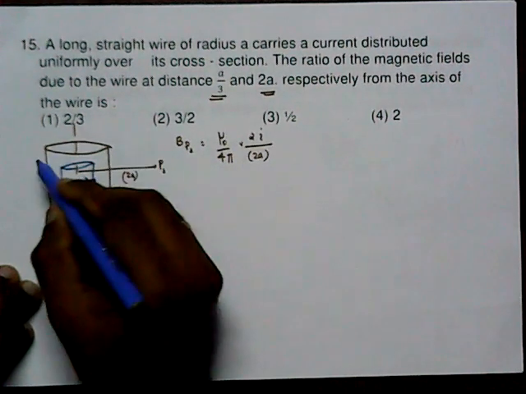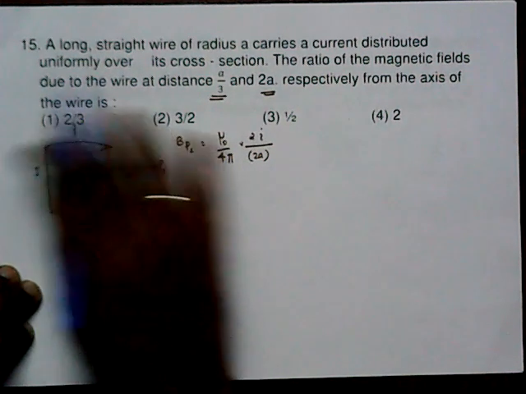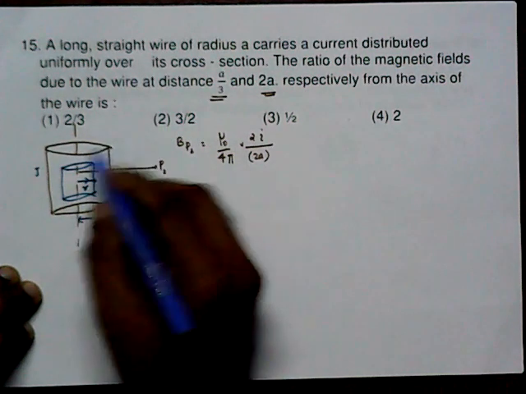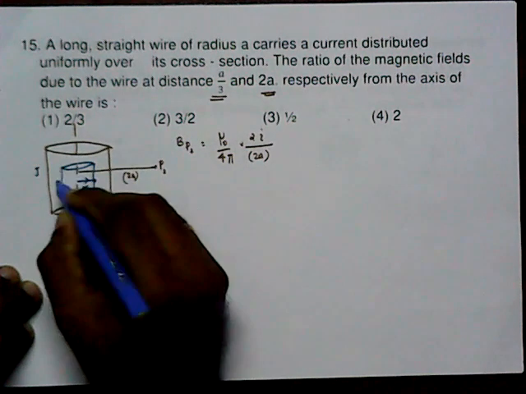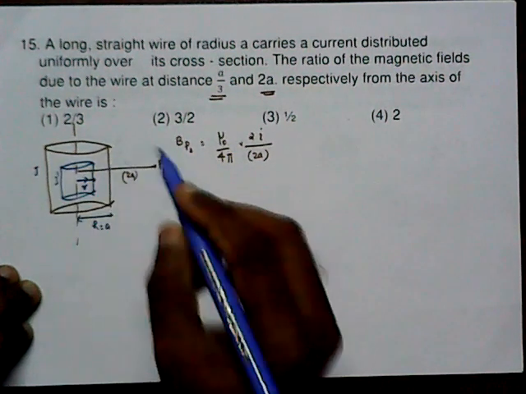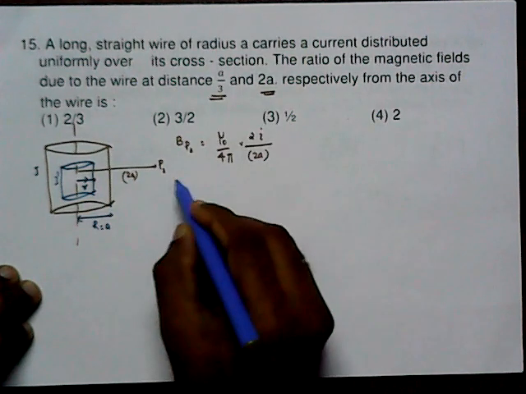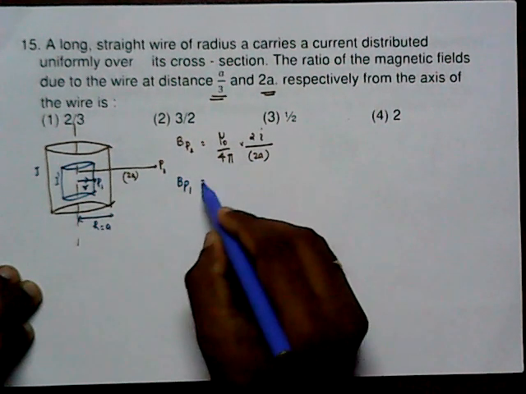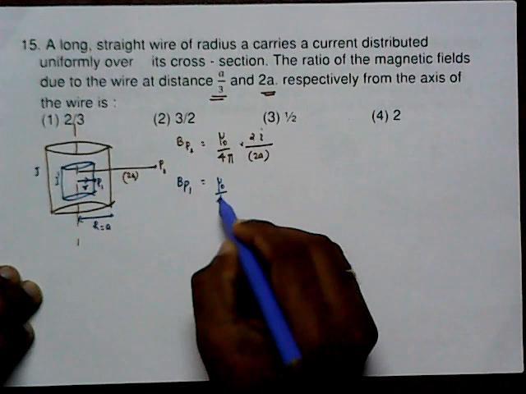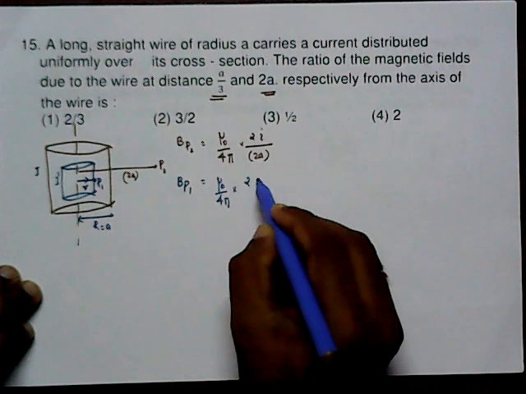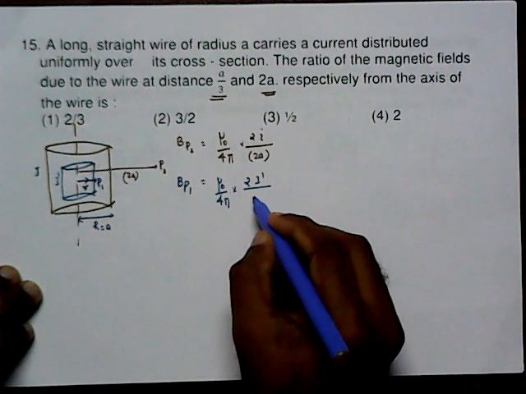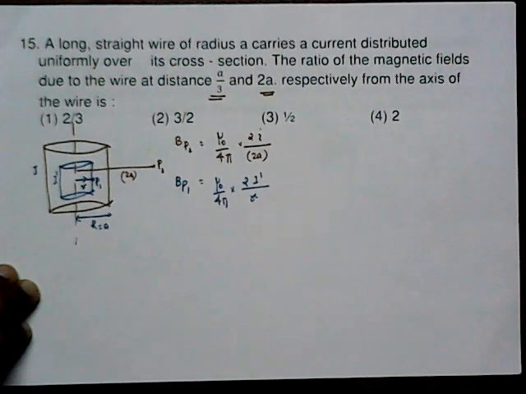And here the current I is uniformly distributed from 0 radius to the radius A. Hence for that cylinder the current flowing is, say, I dash. Then the magnetic field at that point P1 we can write as mu 0 by 4 pi into 2 I dash divided by the separation R.